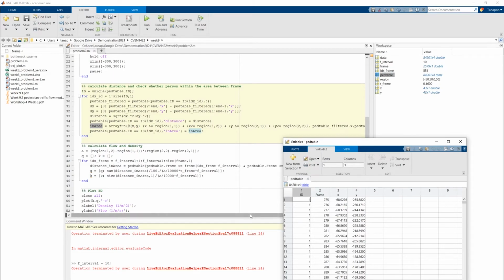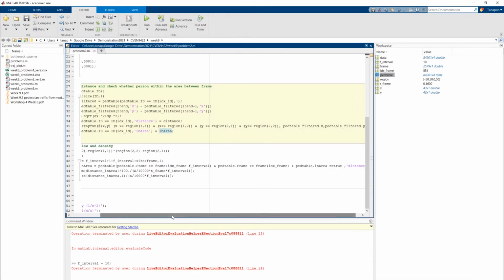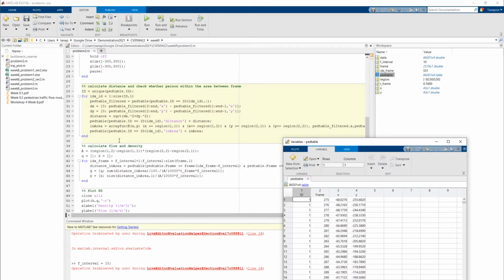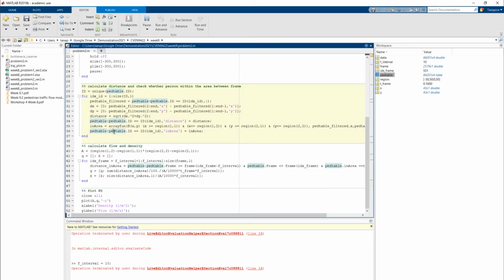And from that, it's going to be true or false here. And then we write that check of whether it's in the area in another column.